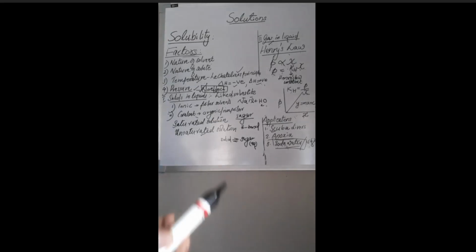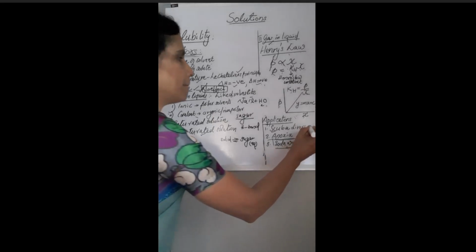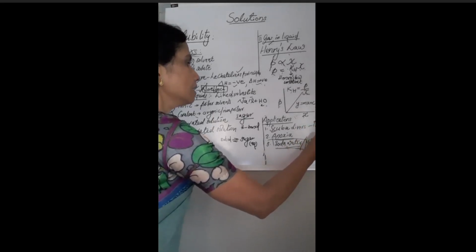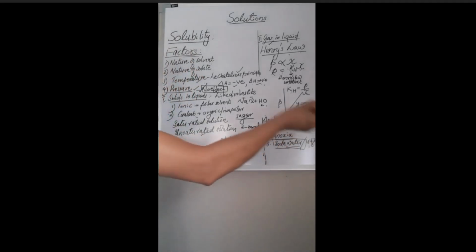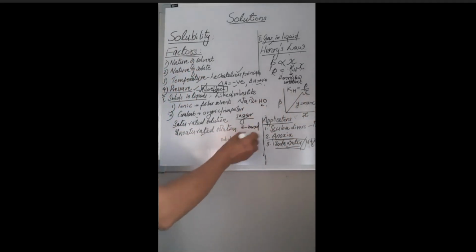As they come to the surface, pressure decreases, so dissolved nitrogen will be released from the blood in the form of minute bubbles, which will block the capillaries. This leads to severe pain and a condition called bends, and this can even lead to death. To avoid that, they use air diluted with helium, because the solubility of helium in blood at high pressure is very less.